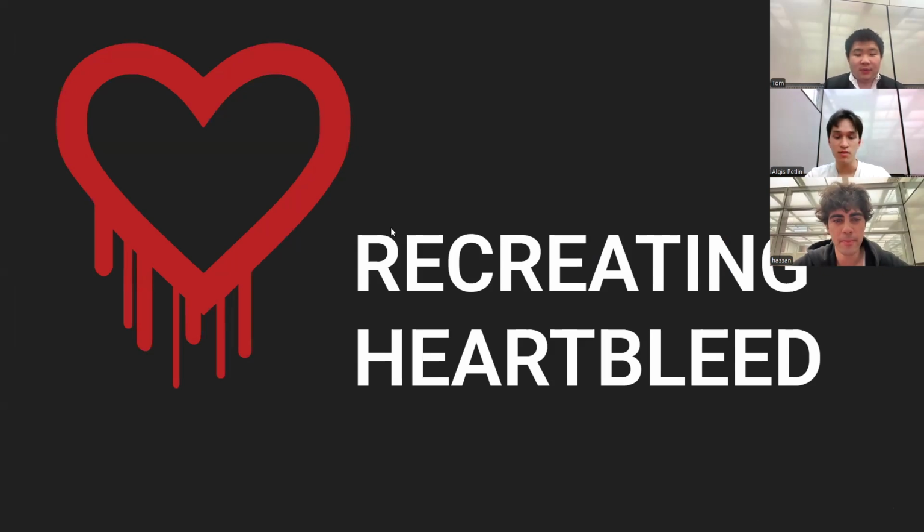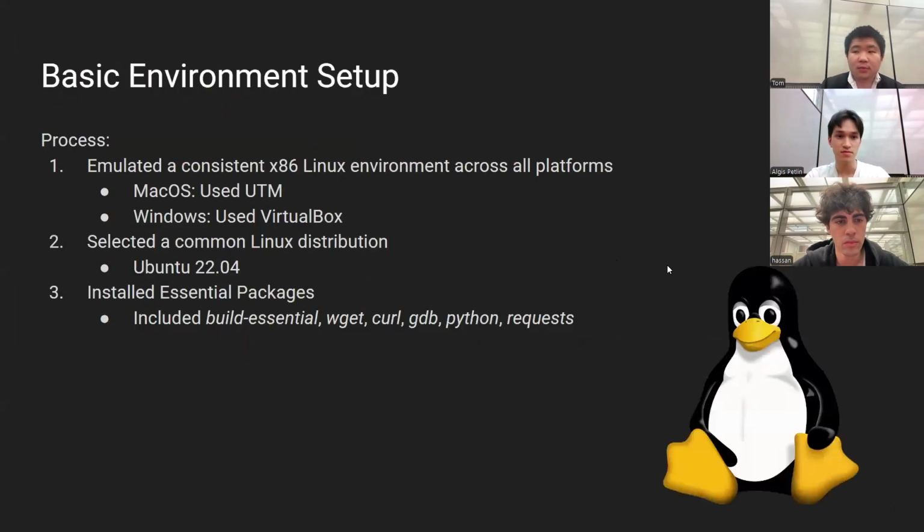All right, so let's talk about how we recreated this exploit. We first start off with basic setup. We had an emulated x86 Linux environment across all platforms. For instance, macOS used a VM, and Windows used VirtualBox. And we selected a common Linux distribution, version 1.2.4.